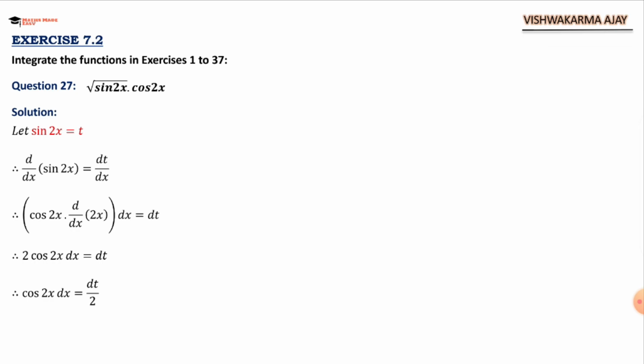Further, the derivative of sine 2x is cos 2x dot the derivative of 2x. What I did here: I took the derivative of the trigonometric function and then the algebraic function. So we get 2 times cos 2x. I will send this 2 to the other side. Cos 2x dx can be written as dt upon 2.